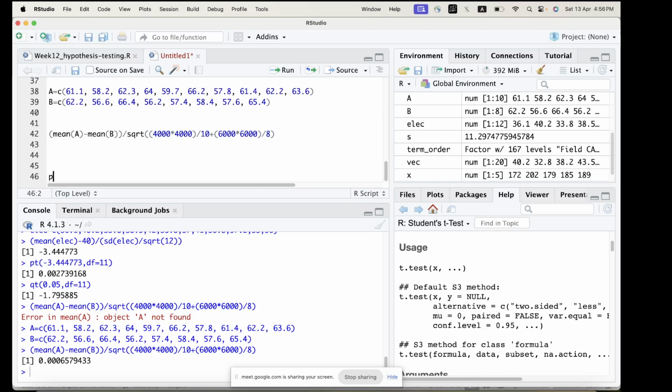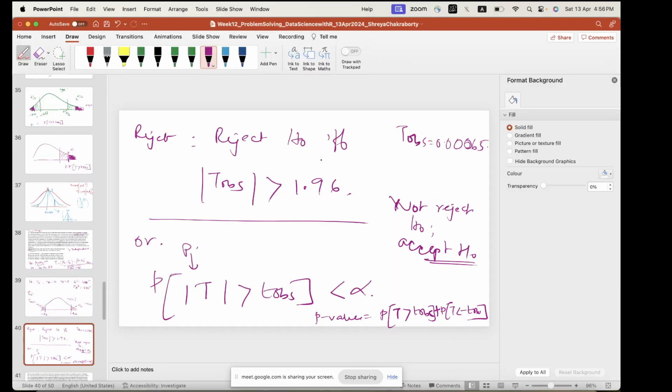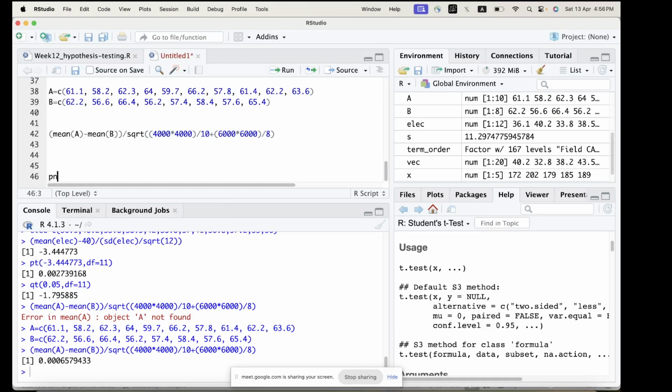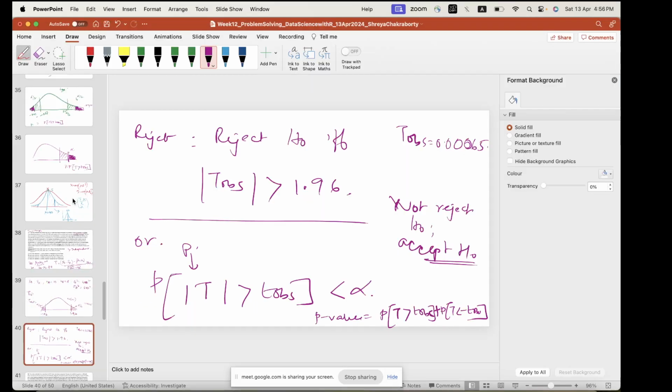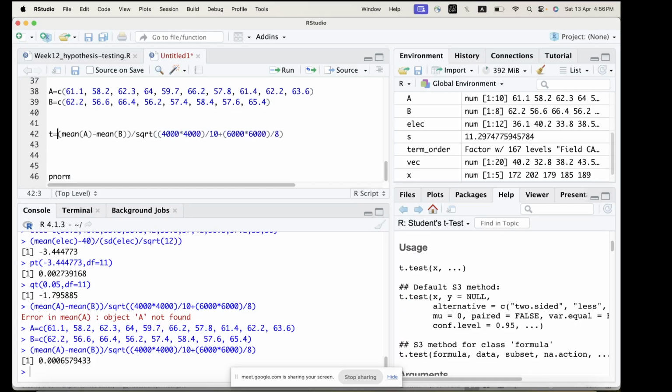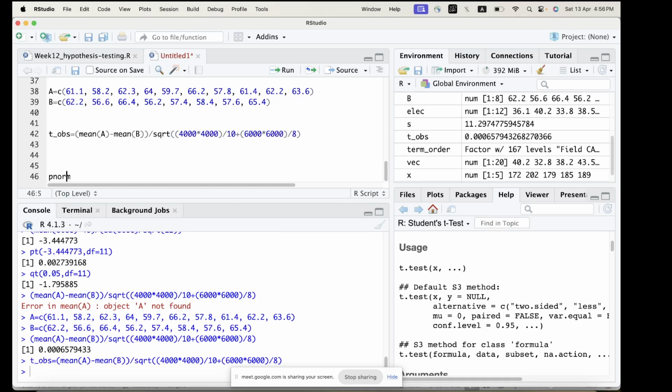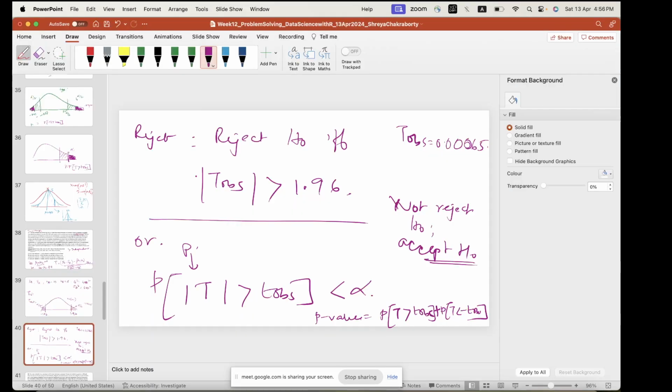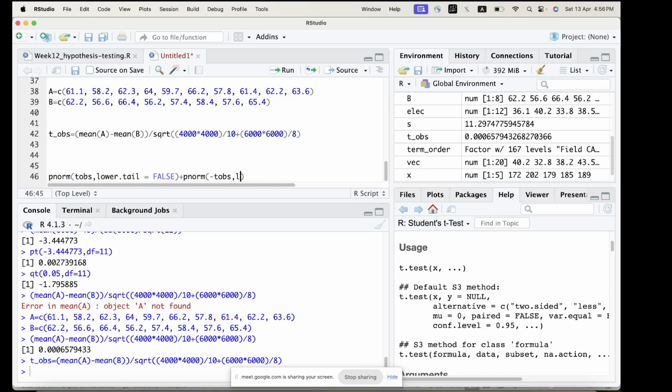This is a normal distribution, so it will be pnorm of T observed, mean 0, SD 1, lower.tail equal to false, which gives probability T greater than T observed, plus pnorm of minus T observed, lower.tail equal to true.